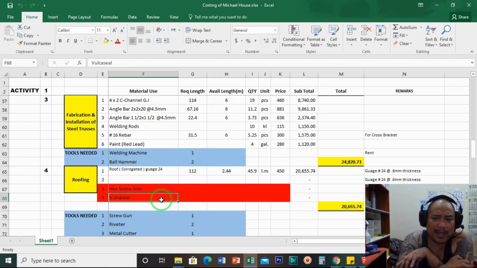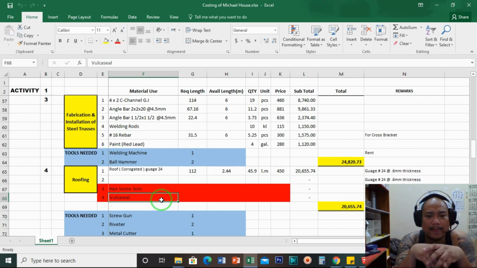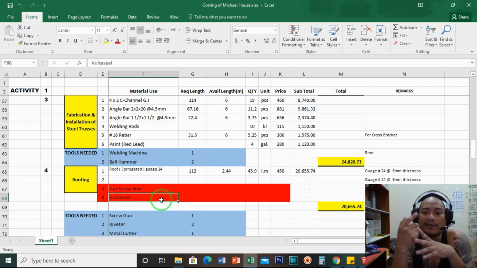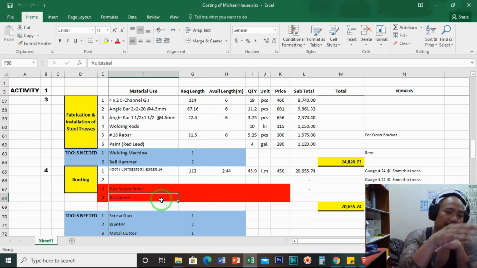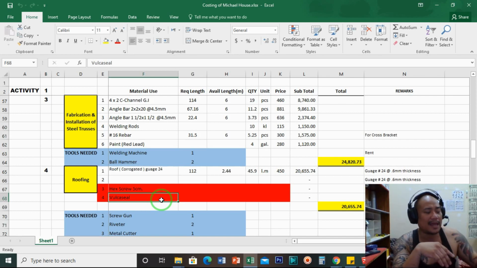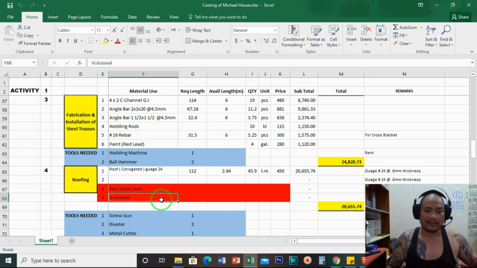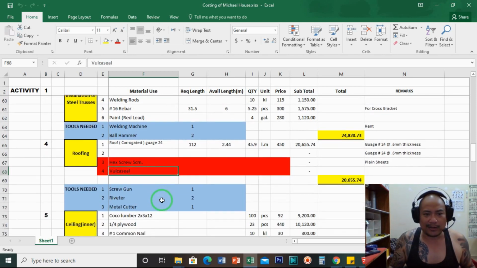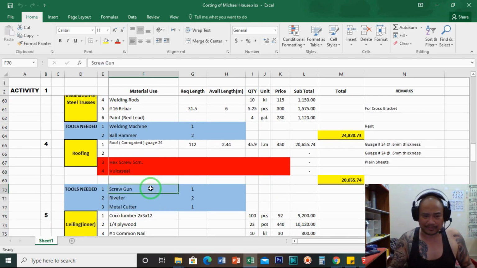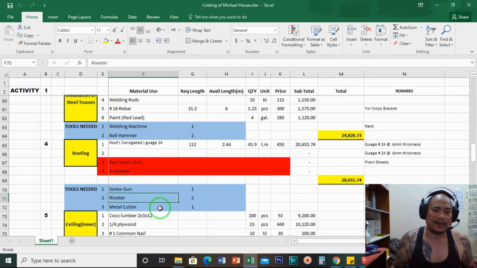In my place, we have a store where we can buy a continuous sheet. If you purchase the continuous sheet from that store, they are the ones who will install it on your trusses, and the installation fee is free. The tools needed in the roofing activity are screw gun, riveter, metal cutter.